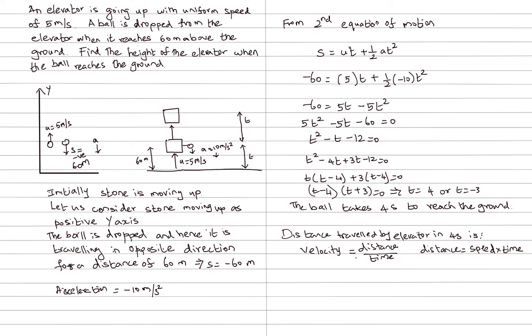It is traveling with a uniform speed, right? So distance is equal to, speed is how much? 5 meter per second. Into time is how much? 4 seconds. That is equal to 20 meter. Okay. So initially the lift has traveled 60 meter, and now it has traveled 20 meter.